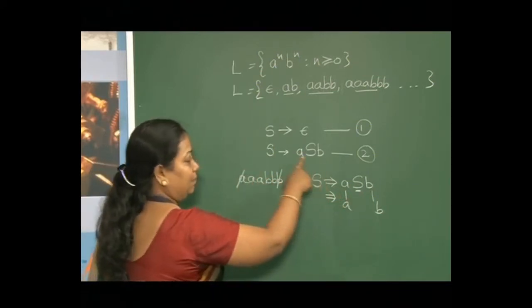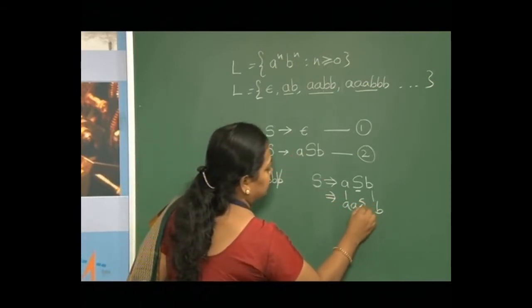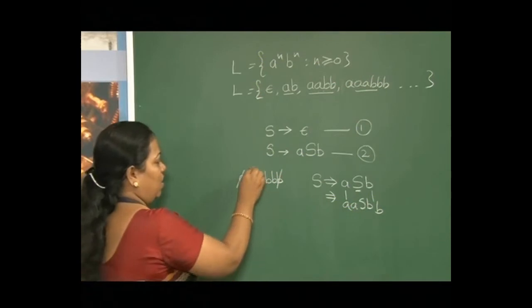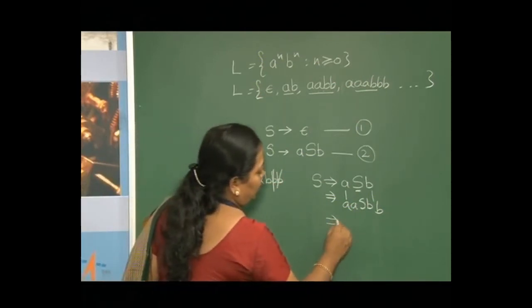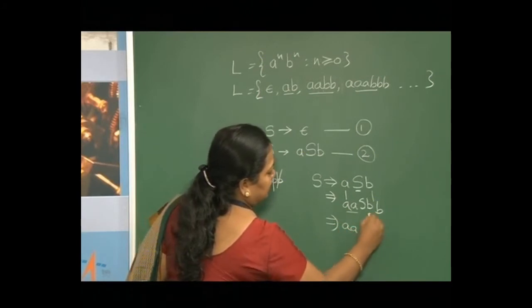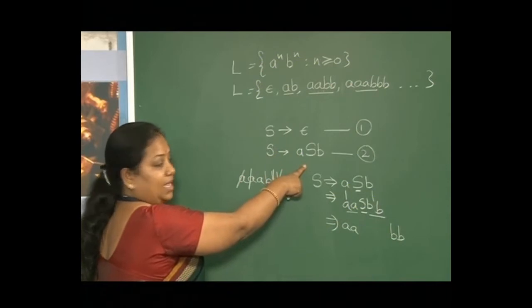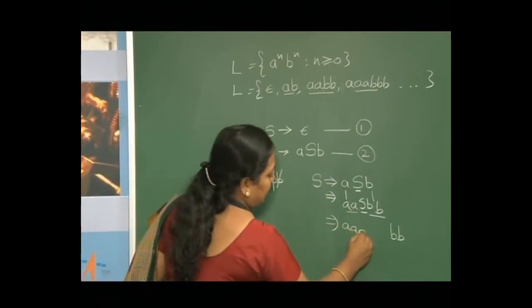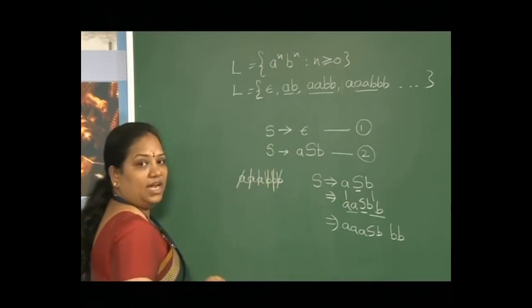Next, this S must be replaced by again applying the second rule, A S B. Now, I got the second A and B. So, again what will I do? These two A's as they are, these two B's as they are. Again I will replace S by rule 2, that is A S B. Now, I got all 3 A's and 3 B's.